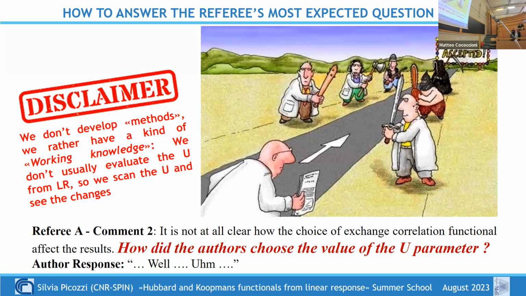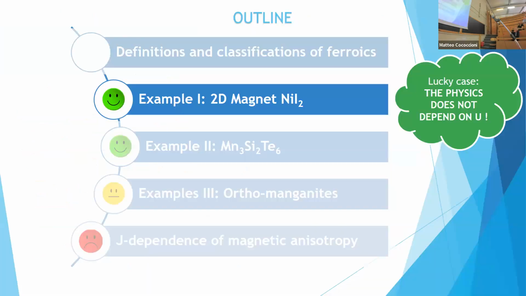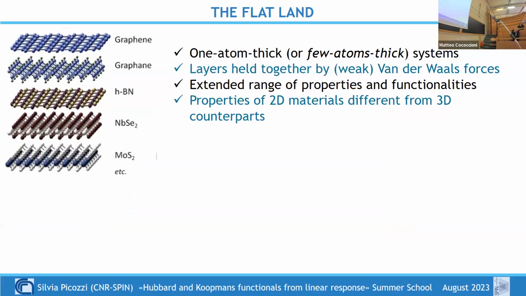So I will try to show you some interesting results where the physics doesn't really depend on the value of U, but I also wanted to be as fair as possible, and I will also show you the dramatic failures that you can encounter in many systems. So let me first start with a lucky case: physics doesn't depend on U.